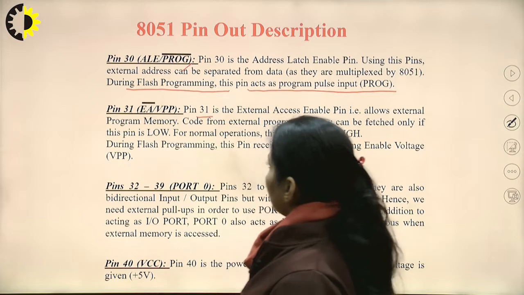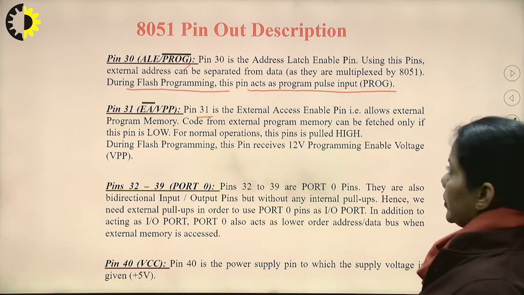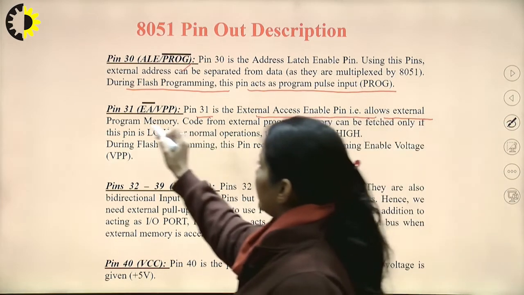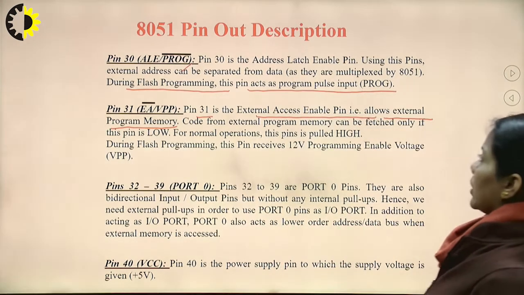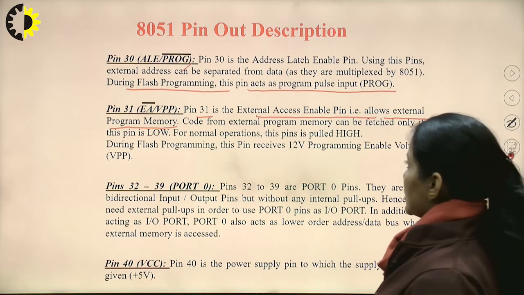Pin number 31 is external access bar, that is an active low pin, and VPP. The external access enable pin allows external program memory. Code from the external program memory can be fetched only if this pin is low. For normal operations, this pin is pulled high.